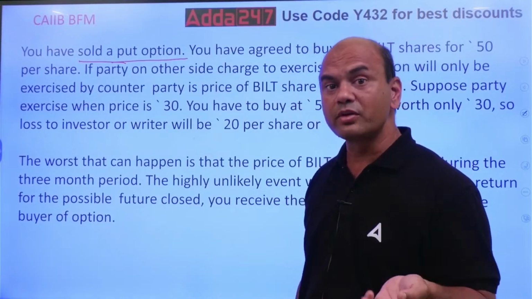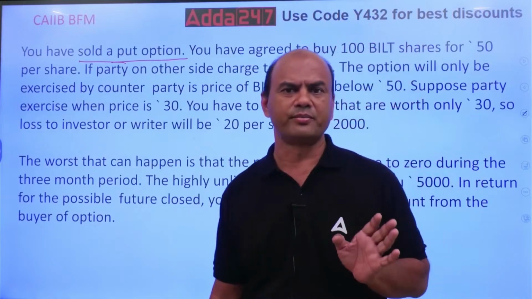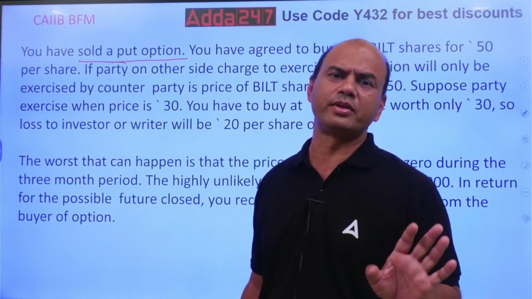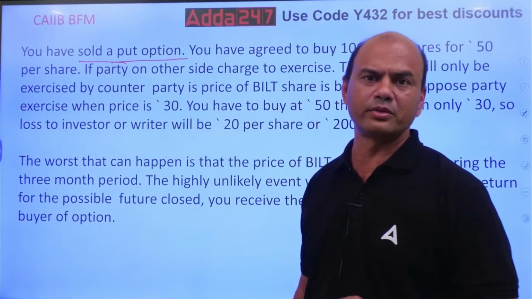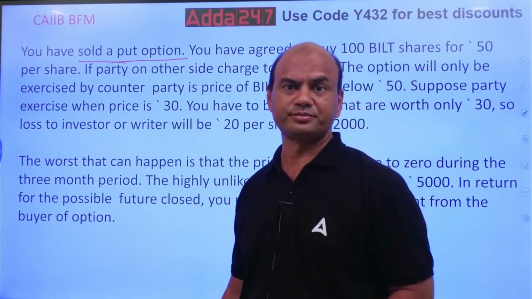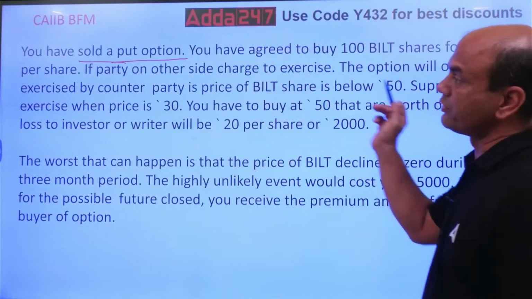So I will be buying it at 50, at any cost, because I believe this will never go below 50. If it goes below 50, I will take it, okay, I will buy at the price of 50. That's what I'm telling whoever is the buyer. So I'm agreeing to buy the 100 Bilt shares at 50.